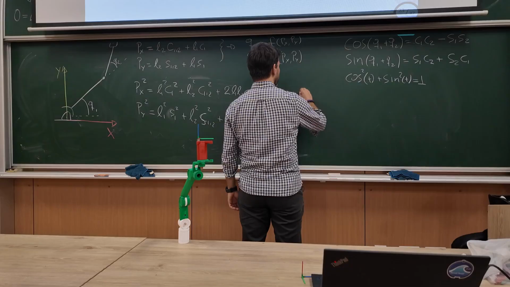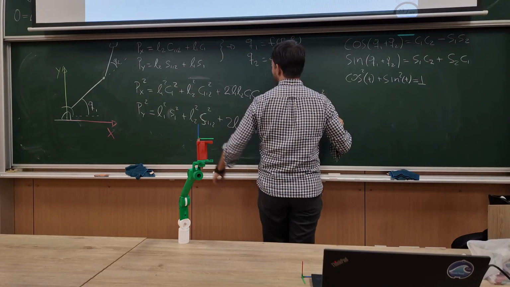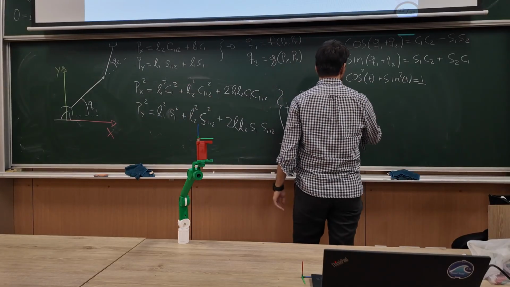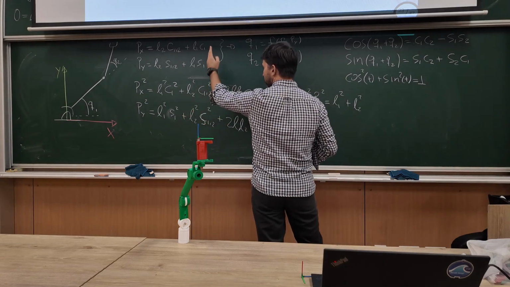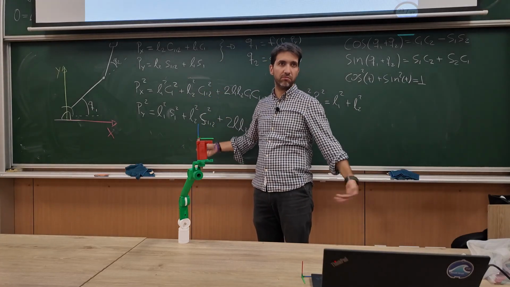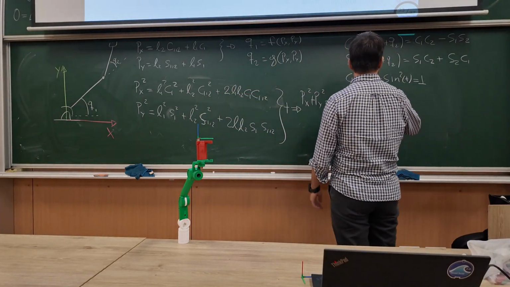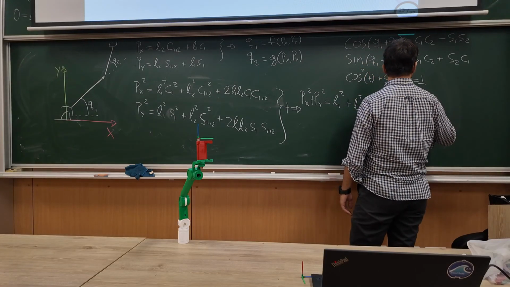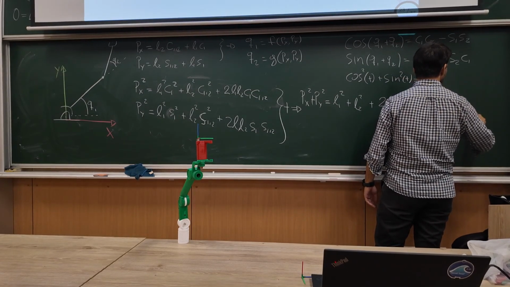So I'll have px squared plus py squared equals L1 squared. So I got rid of this trigonometric part. L2 squared, also these ones, because it's cosine of q1 plus q2, sine of q1 plus q2, the same quantity, plus 2 L1 L2 times C1 C12 plus S1 S12.